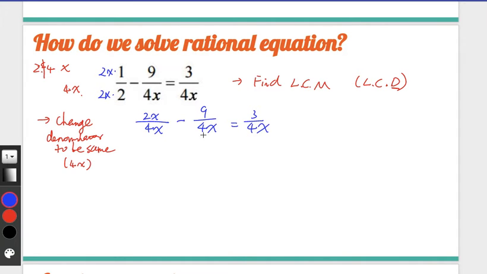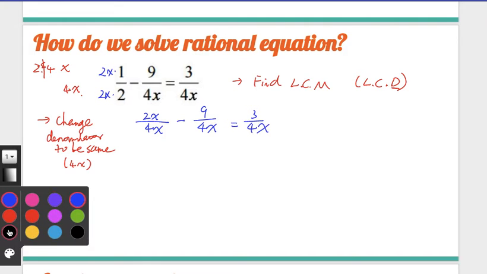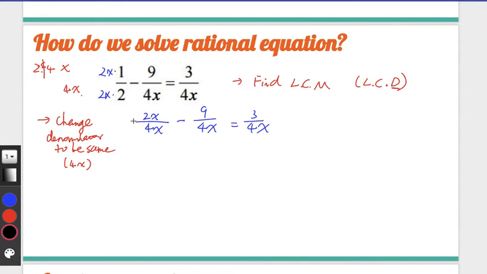When you have all the same denominator, you can think about it this way. I can just multiply everything by 4x. I will write it down here. So if I multiply everything by 4x, what does that mean? The denominator is gone.